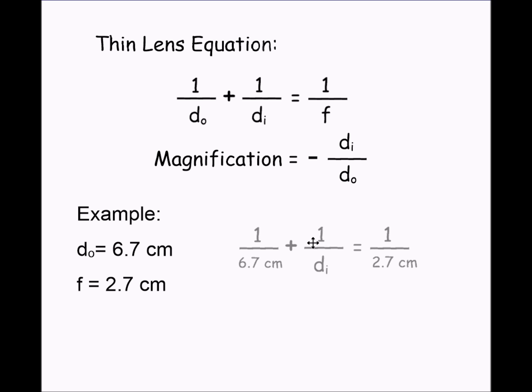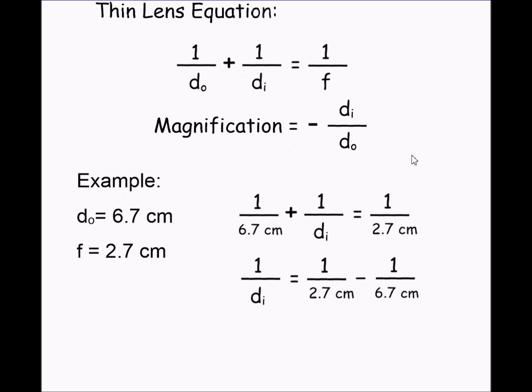So I have 1 over 6.7 centimeters plus 1 over di equals 1 over 2.7 centimeters. I'm going to rearrange this equation algebraically so that I'm solving for 1 over di. So 1 over di will equal 1 over 2.7 centimeters minus 1 over 6.7 centimeters.